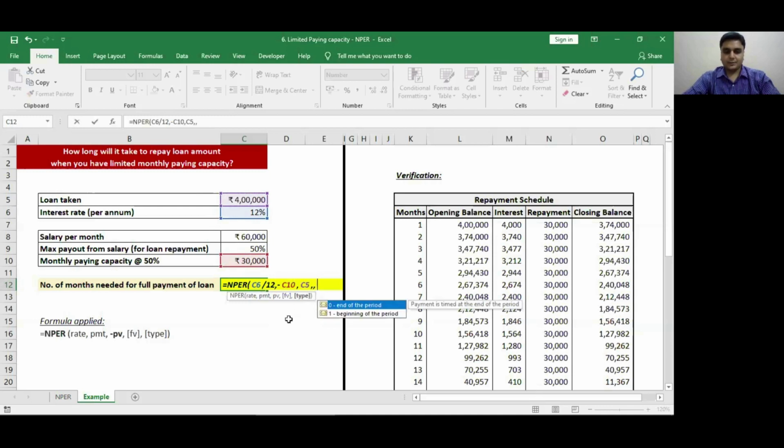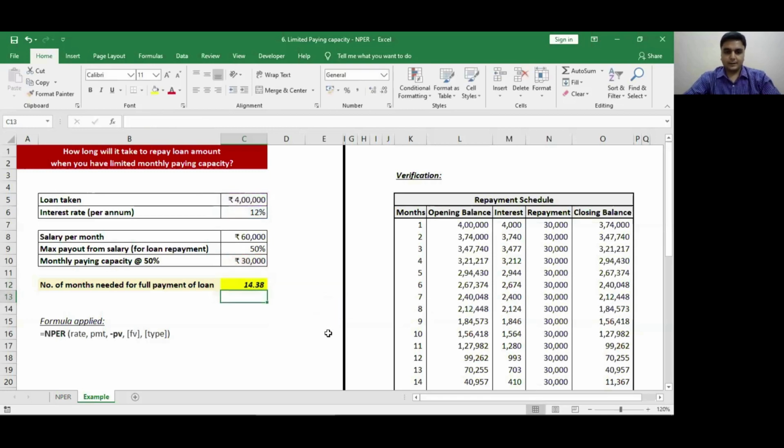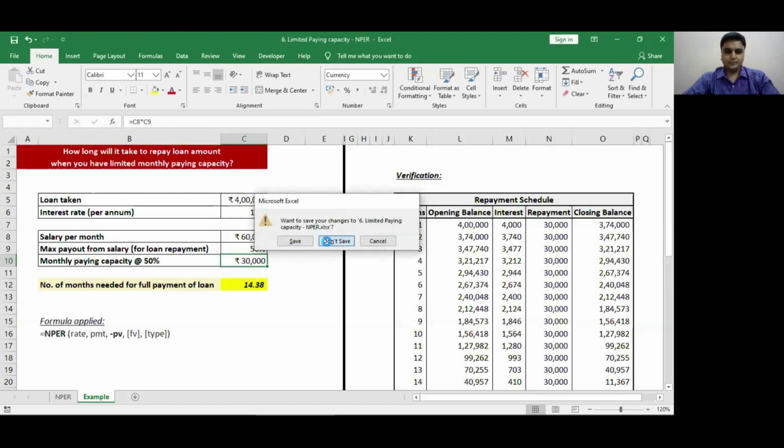In type, I will mention 0 because I'll make the payment at the end of each period. I'll close the bracket. And here, as you can see, it will take 14 months for me to pay the entire loan amount of 4 lakh rupees if I start making the payment of 30,000 as EMI on a monthly basis. Let's move on to another exercise.